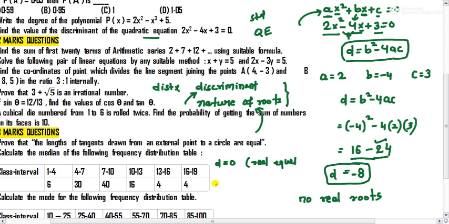If D is more than 0, roots are real and distinct. Now, if D is less than 0, no real roots. So you have to remember these as well. Got it? So sometimes you may get this question for 2 marks based on discriminant and nature of roots.